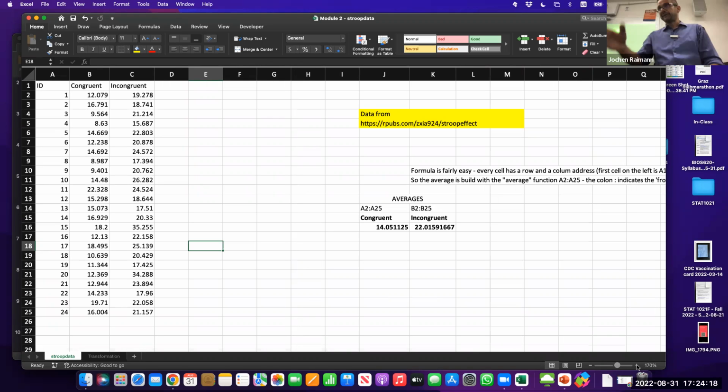And when you were supposed to state the color of the font with an unassociated, incongruent word, this is incongruent. So now you have 24 students who did the same experiment, and you get 24 different entries.